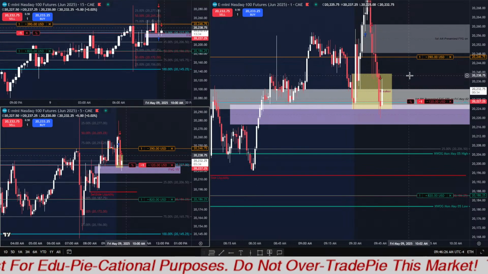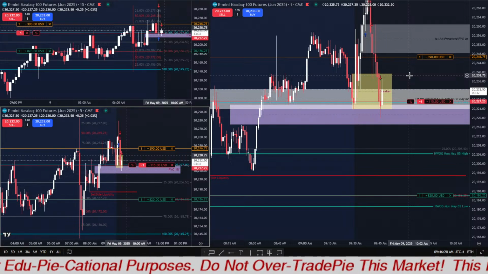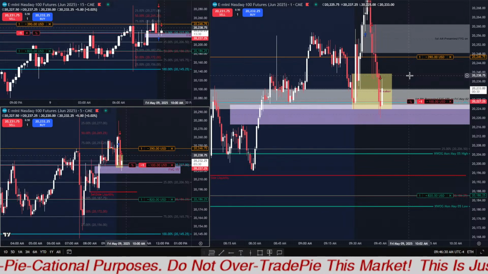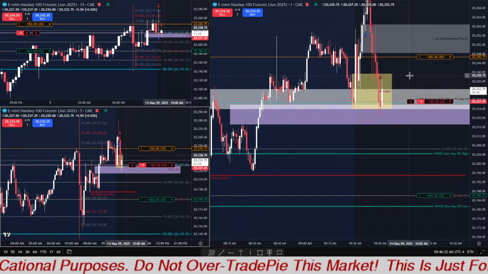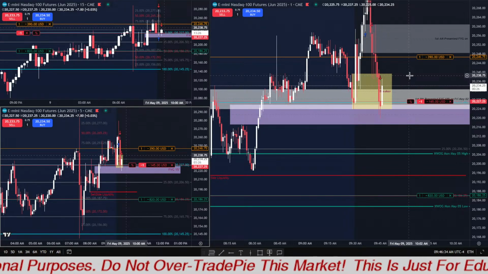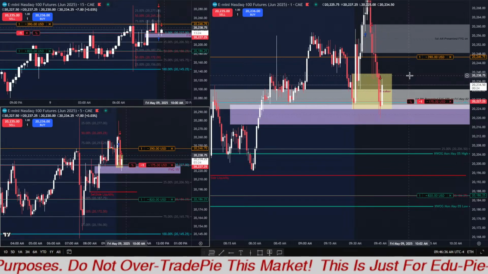Now we have traded into the low of the 5-minute fair value gap. That has now changed its characteristic to inversion.